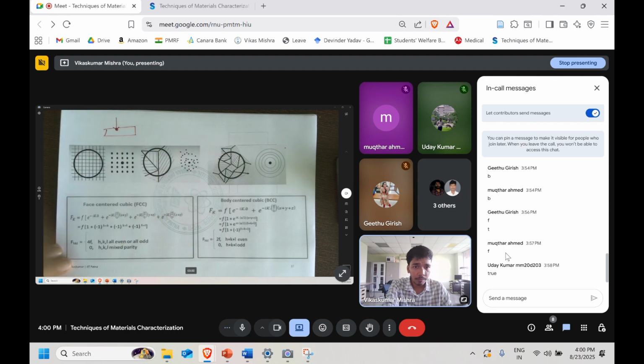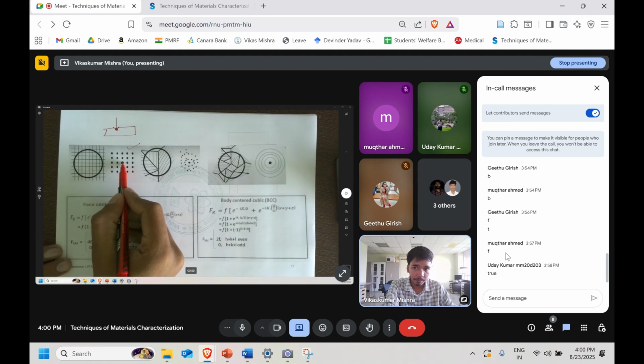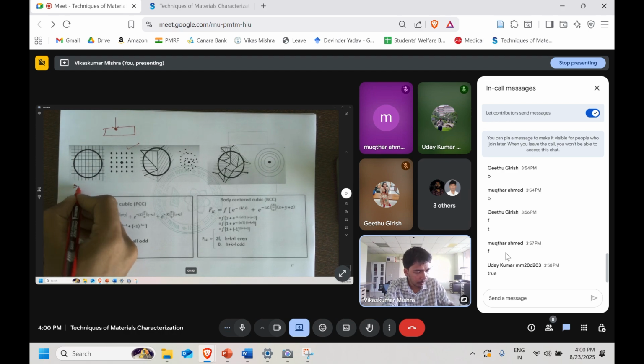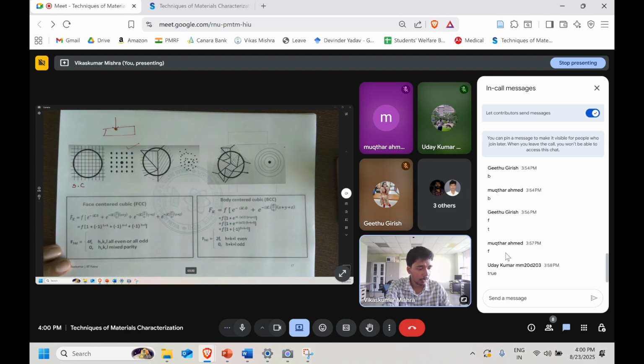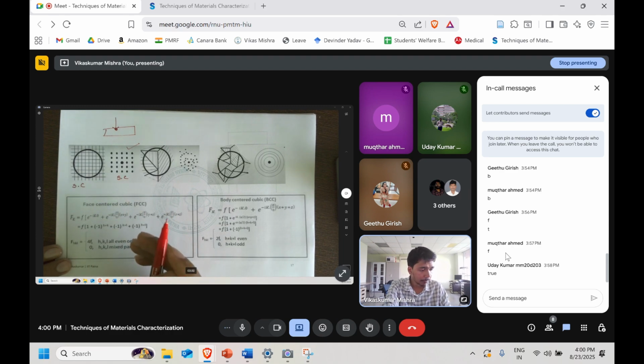That area will undergo diffraction and you can see the diffraction spots. This is the direct beam and the remaining are the diffracted beams. This is for the single crystal. Single crystals give a discrete diffraction pattern.